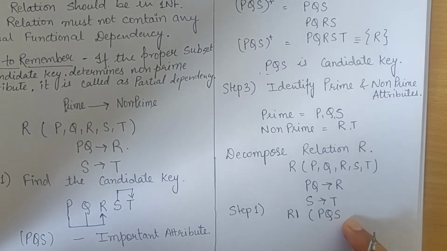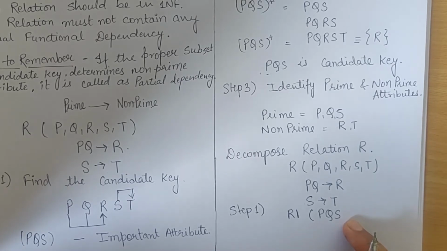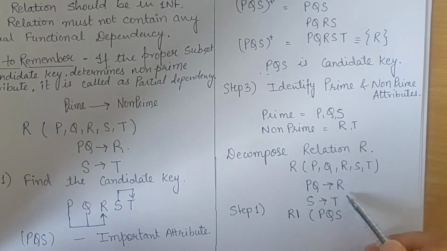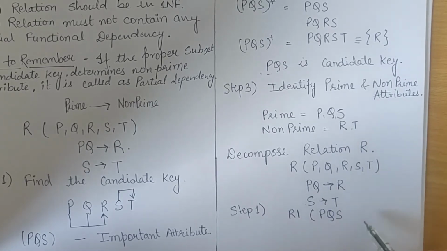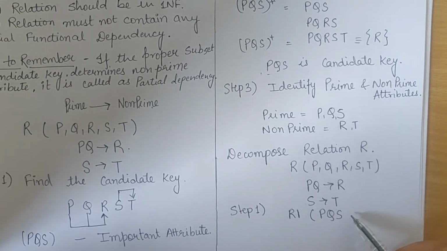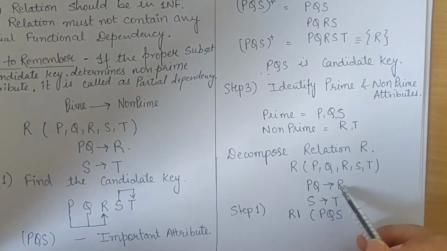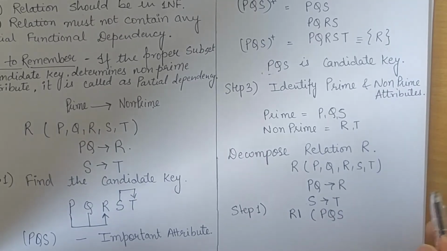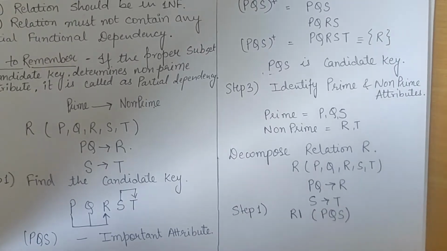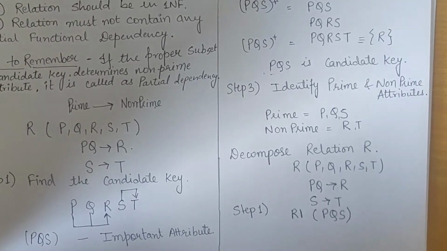If there is an element which is completely dependent on this candidate key. Any dependency we have where PQS determines something? No. If PQS determines something, that attribute I will allow here. But in these two dependencies, I am not having a single dependency where PQS together is determining anything. So this table will only contain PQS.